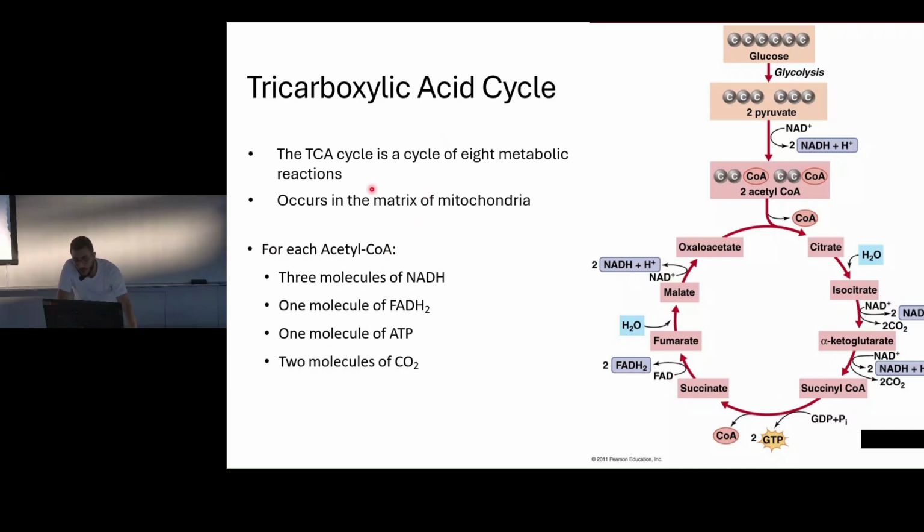It happens in the matrix of the mitochondria, that's inside the mitochondria completely, not in the intermembrane space. And for each acetyl-CoA that enters the TCA cycle, you will produce 3 molecules of NADH, 1 molecule of FADH2, 1 molecule of ATP, and 2 molecules of CO2. Okay? GTP, sorry. This is a mistake here. Okay? GTP.